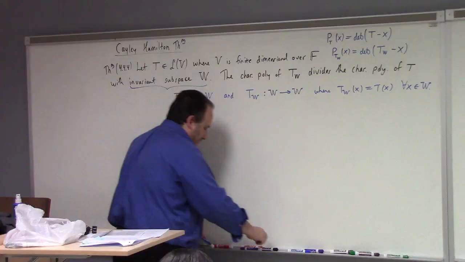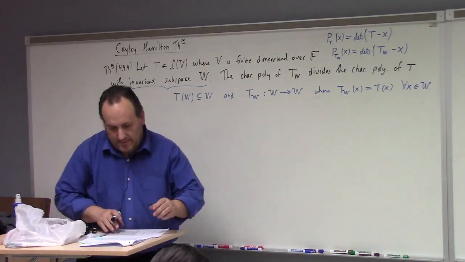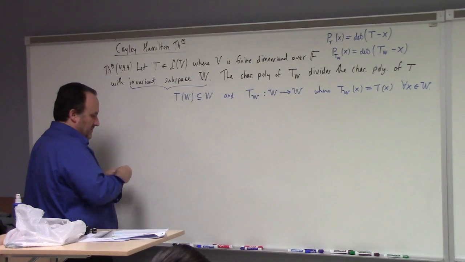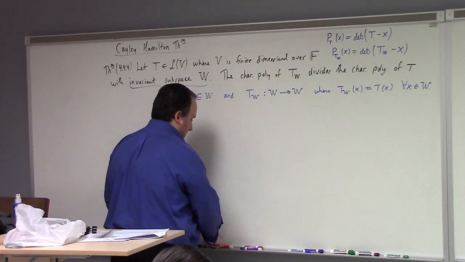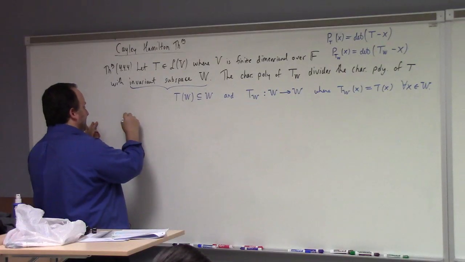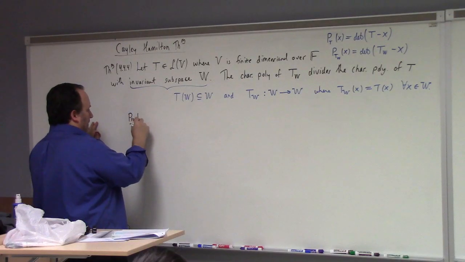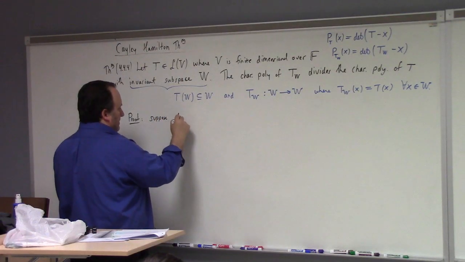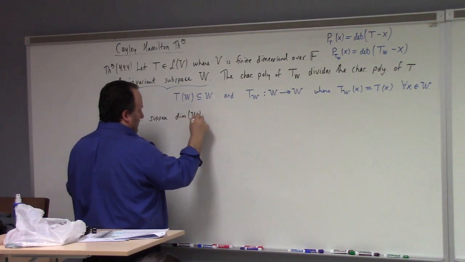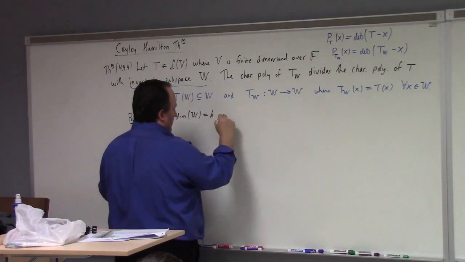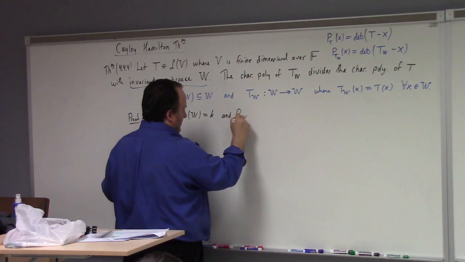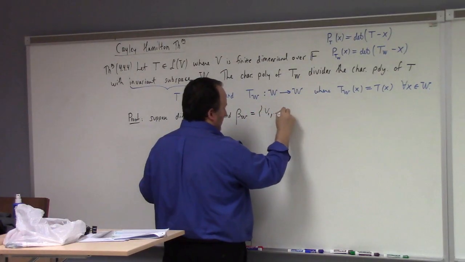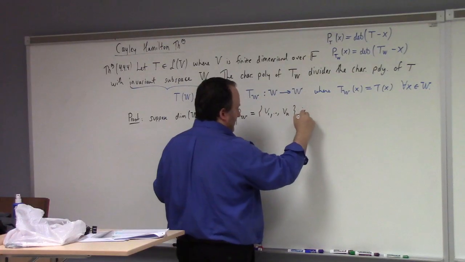Now let's look at the proof. Proof: suppose the dimension of W is equal to K, and beta sub W equal to v1 through vk is a basis for W, all right?